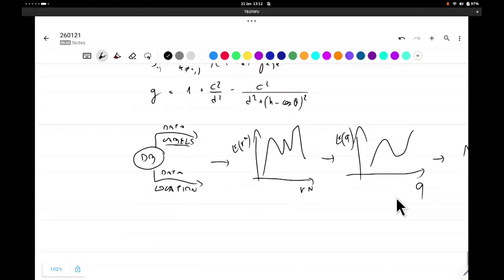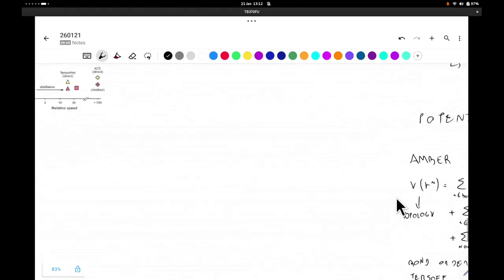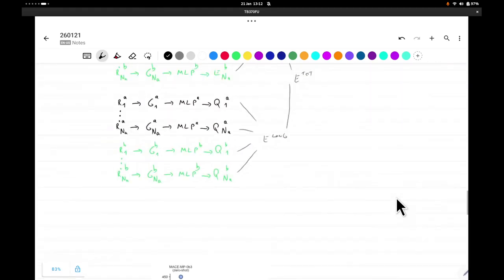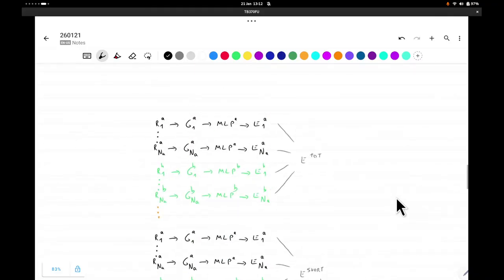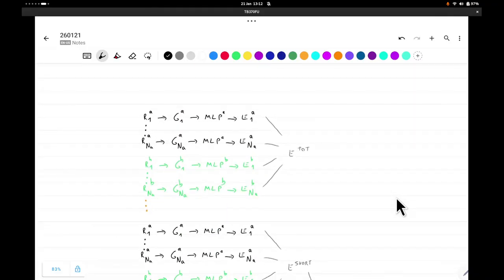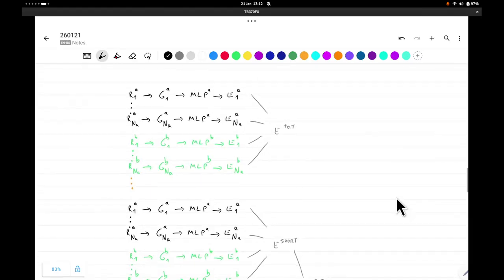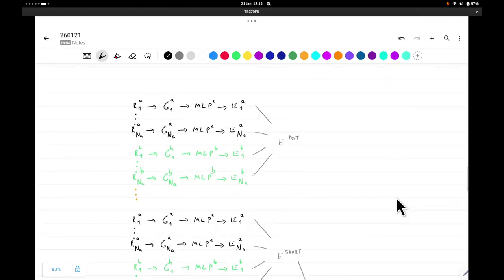And so the first machine learning model that was of great success was from Behler. I will comment here because if I transfer, I may lose time.